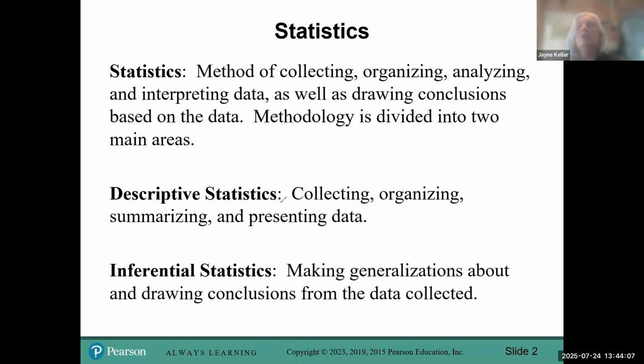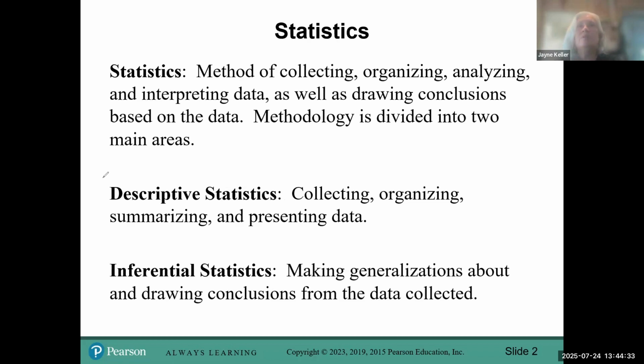We also take those statistics and then we use them to make generalizations about the population from which we collected the data. And we call that inferential statistics because we're making an inference. We're trying to connect and say, this is what I think, why I think I came up with these numbers. So we break it up into these two categories.